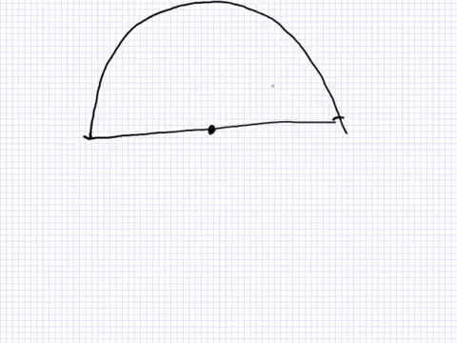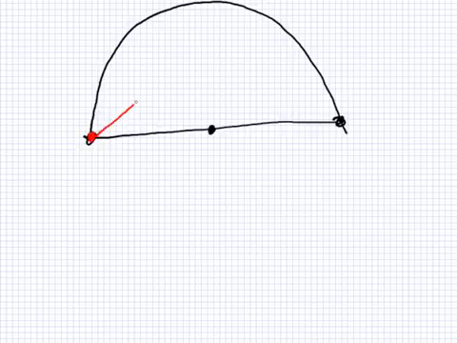Here, the radius is R. You might remember this one from high school: if you draw a line from this point on the diameter to any point on the semicircle circumference, and then back down to this point here, this angle must be 90. So we want to prove that using vectors.